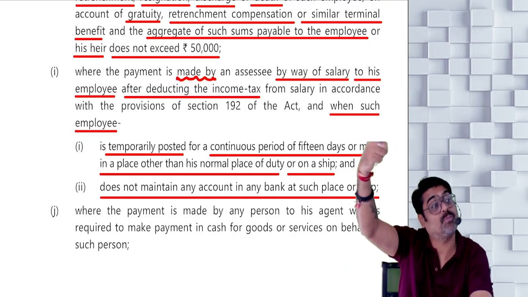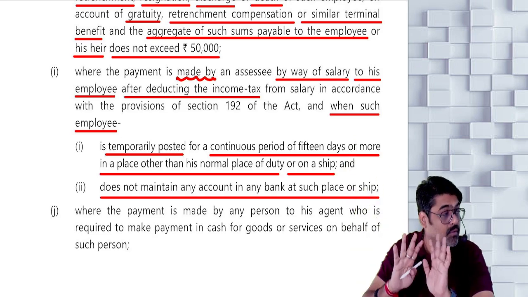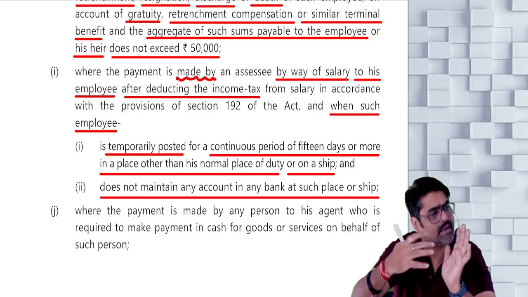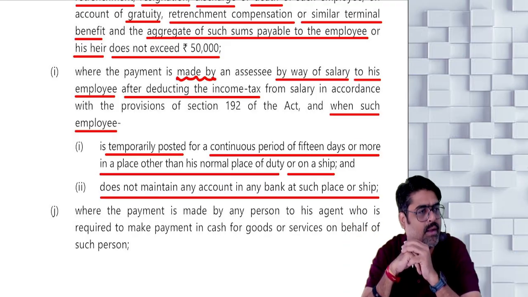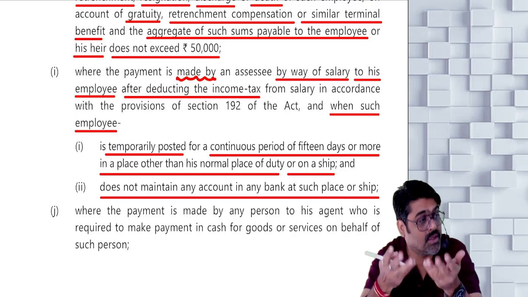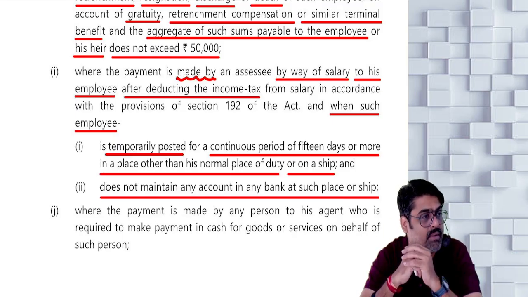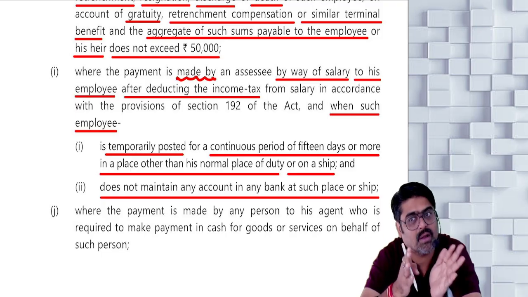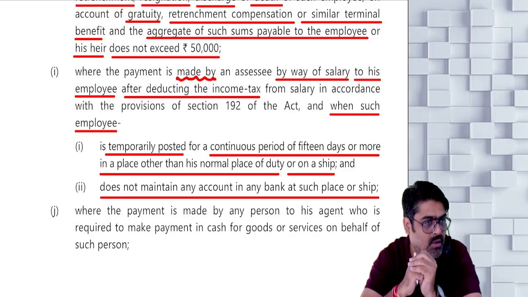When your employee is posted permanently or temporarily? Temporarily. You are sending that employee for your work to such a place where there are no banks, or on a ship.